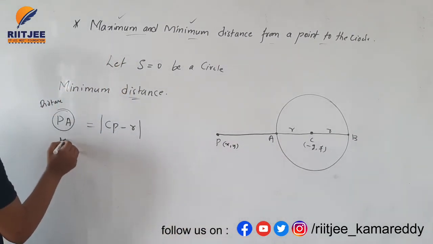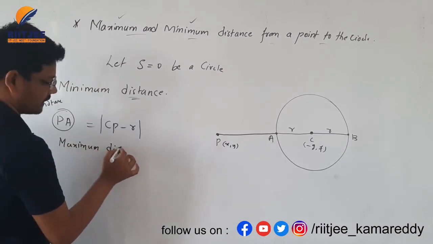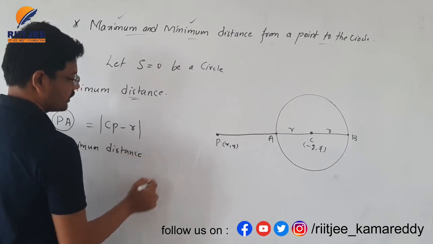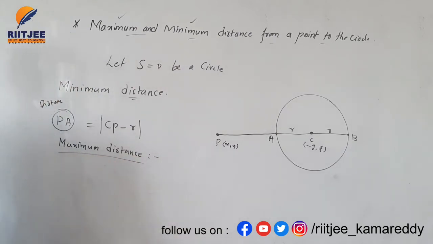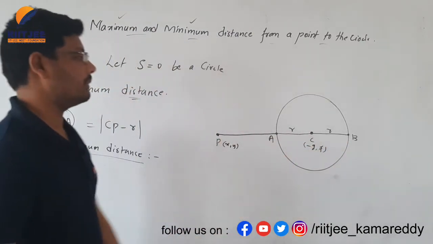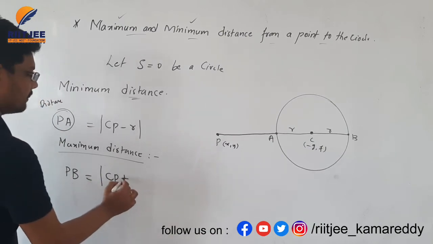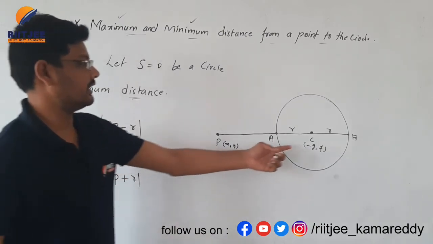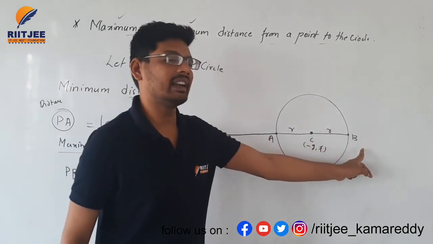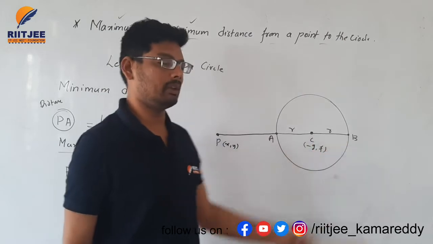And the maximum distance of the circle is here PB. This is the maximum distance, PB. PB is nothing but modulus of CP plus R. Here CP plus radius gives the maximum distance PB.